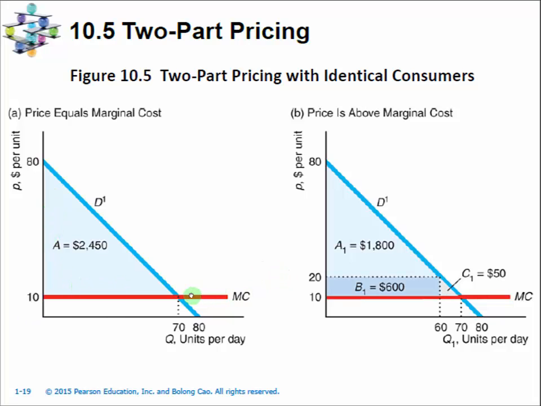Here, first, let's look at what we get if we do that. If we price the per unit price at the marginal cost here, 10, and from this demand function, the quantity sold will be 70.